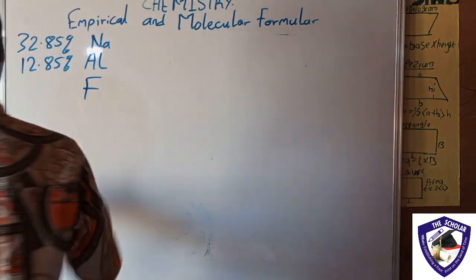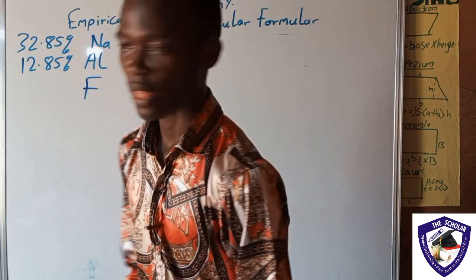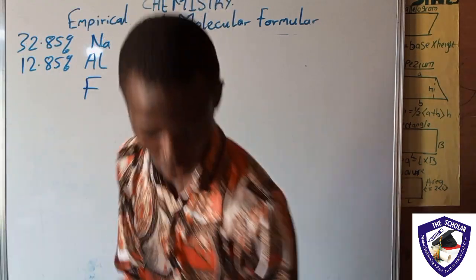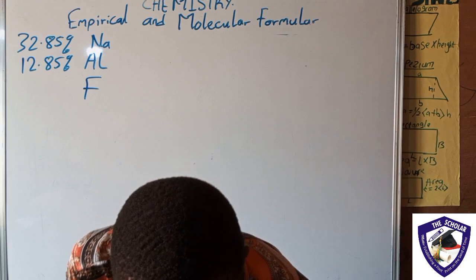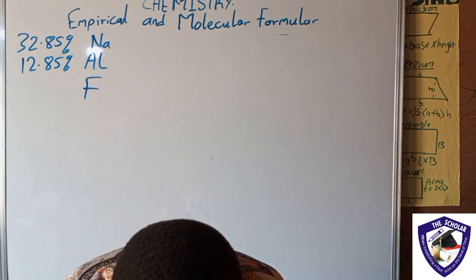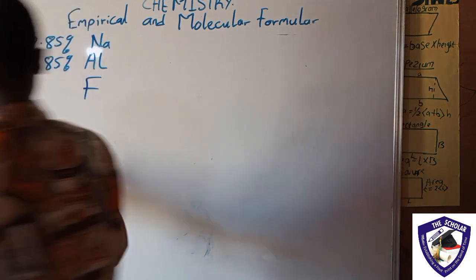F, that is fluorine. Now for this F, we are not giving the percentage. Let's continue. The relative molar mass of the compound is 210.